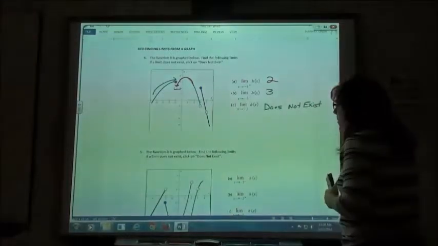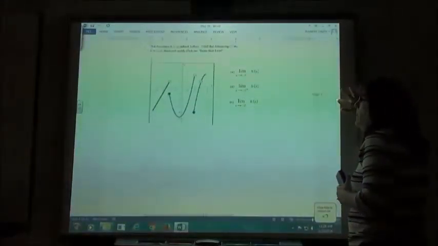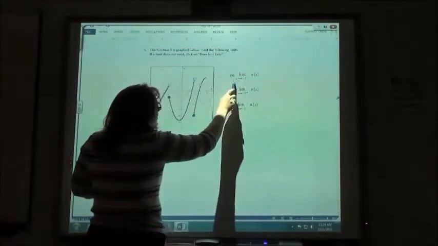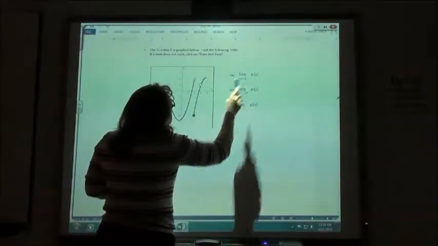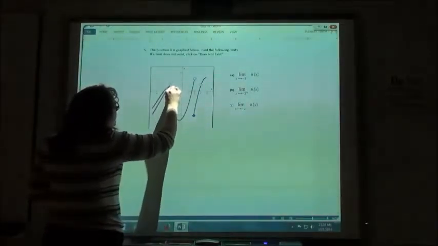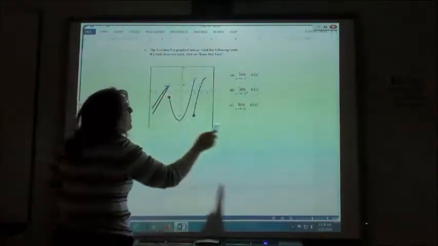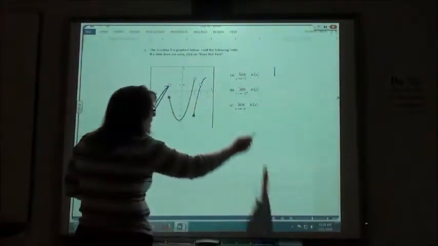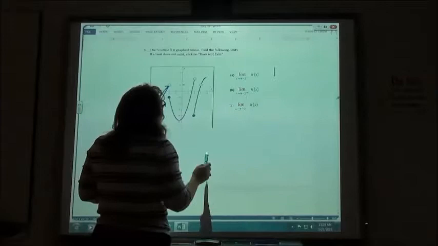So if we look at number 5, we're looking at our function h as x approaches negative 2 from the negative direction. So I'm approaching negative 2 from the negative direction. My limit here would be 1. This one tells us to approach negative 2 from the positive direction.